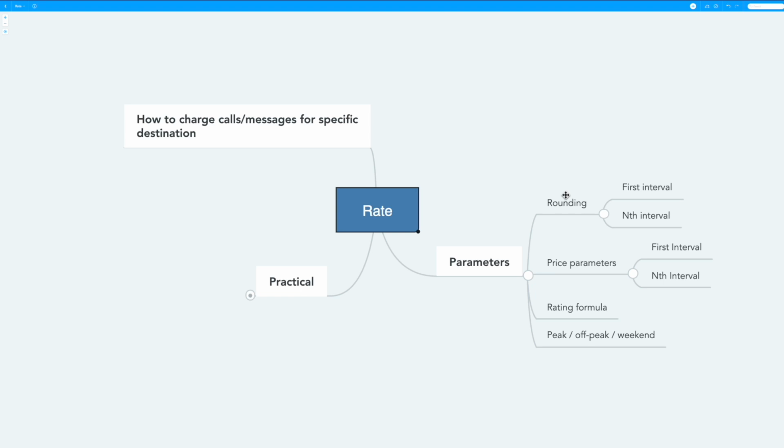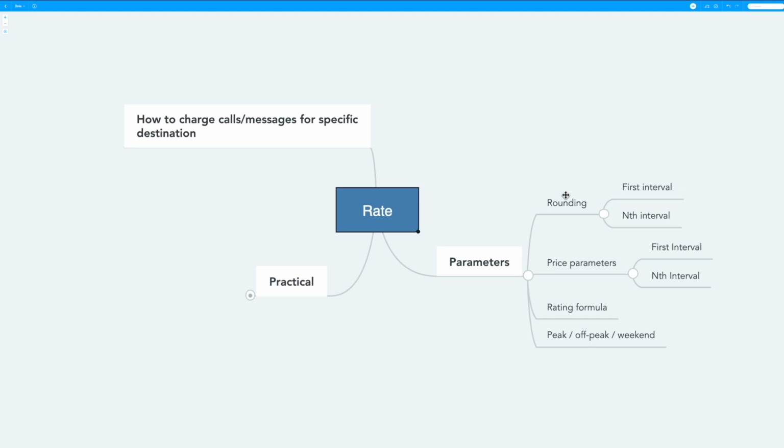First interval defines the minimum duration of the call that is going to be billed to our customer. For example, if we set our first interval to 30 seconds and next interval to 1 second, a customer whose call lasts 10 seconds is going to be charged for 30 seconds of a call.